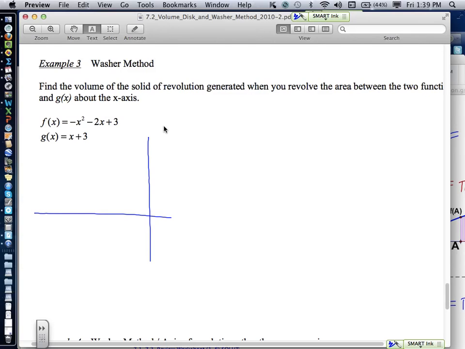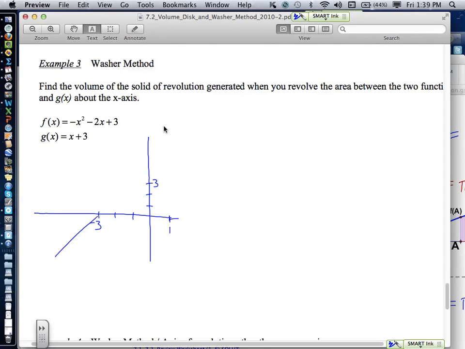Okay, so we have our graph. It looks like the graph crosses the x-axis over here at 1 and then over here at negative 3. You guys getting that? And then it crosses the y-axis right here at positive 3. So that makes sense.